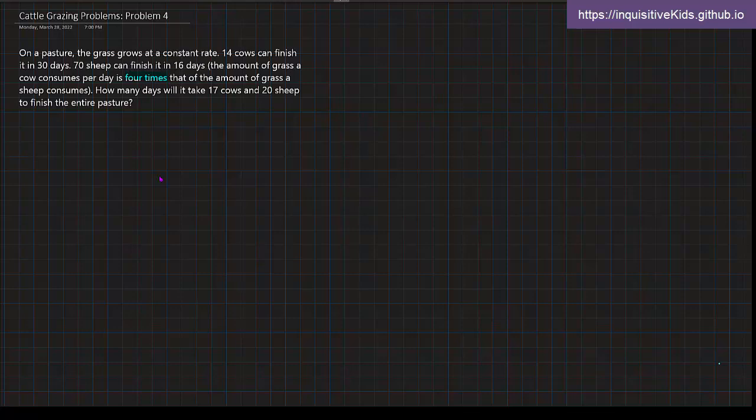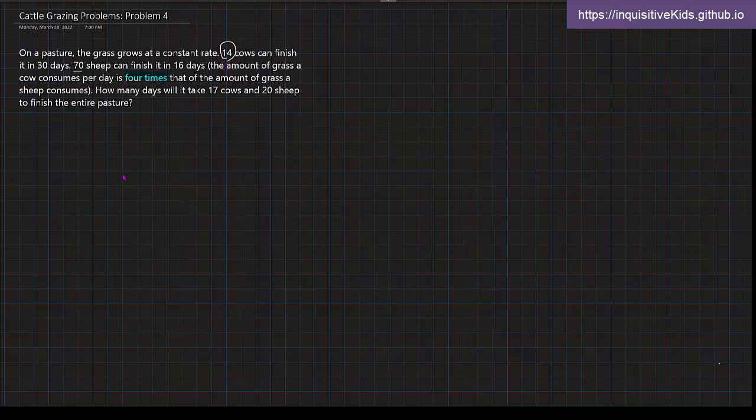So let's try to turn all the sheep into cows. But if we were to do that, we would have to divide 70 by 4, and that's going to give us a decimal, which is not very efficient. So what we can do is multiply 4 to 14.